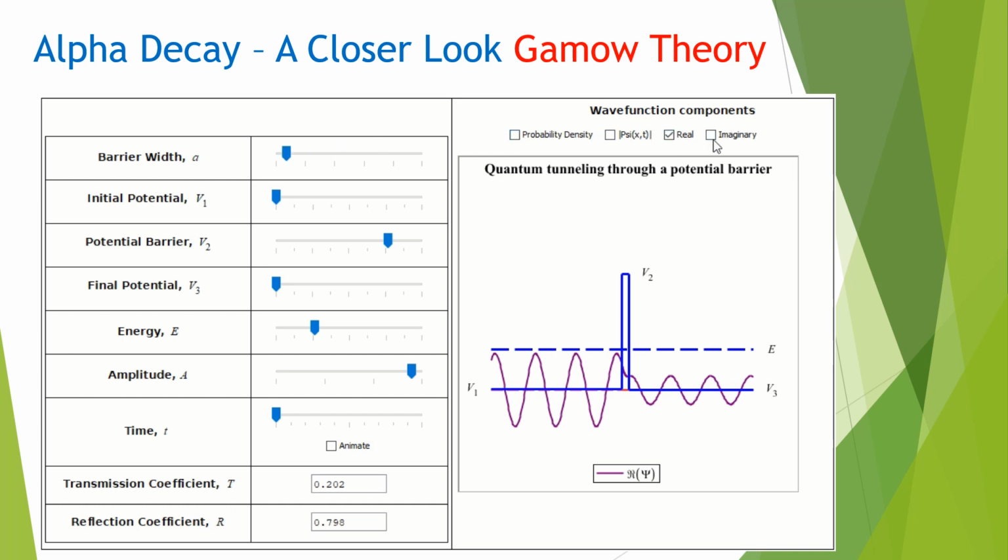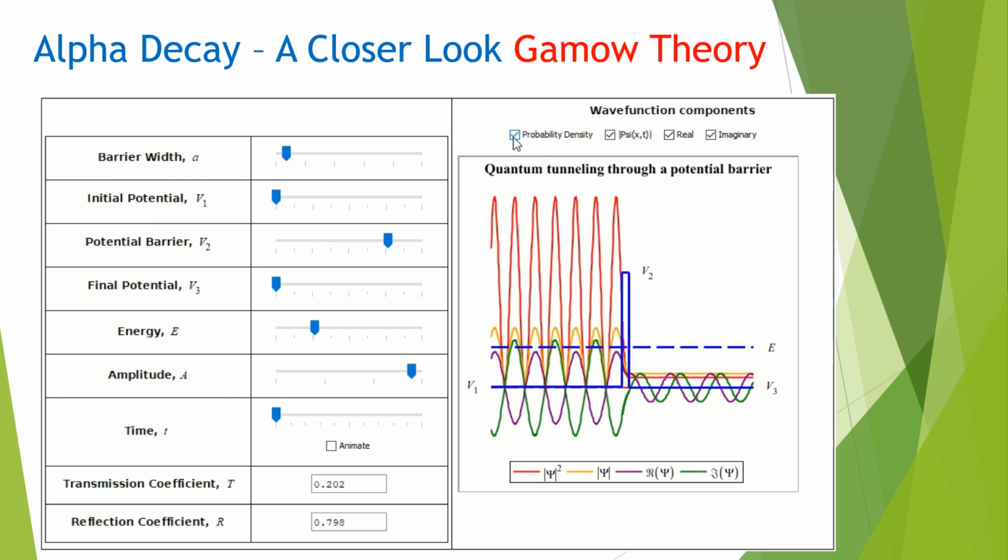Now we can have a look at the imaginary part of the wave. The wave function psi, imaginary part with green shade, you can see on your screen, and the complete wave function psi is appearing on your screen now, and if you would like to see the probability density, it can also be seen.